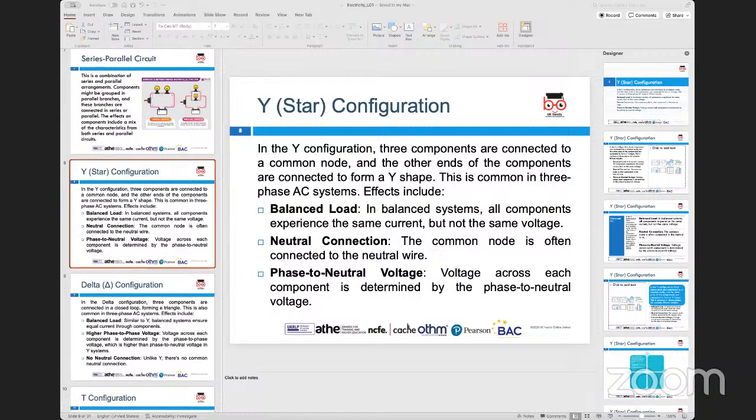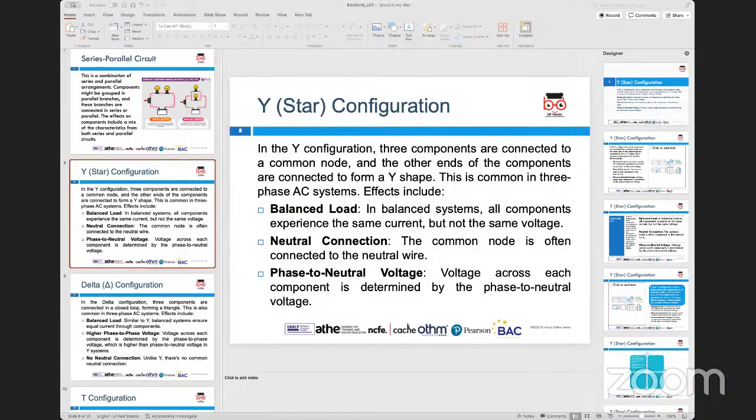The load, in terms of power being generated, the voltage, the consumption and the resistance being applied, requires three different phases of electricity, and in such cases you would generally see star and delta configurations.